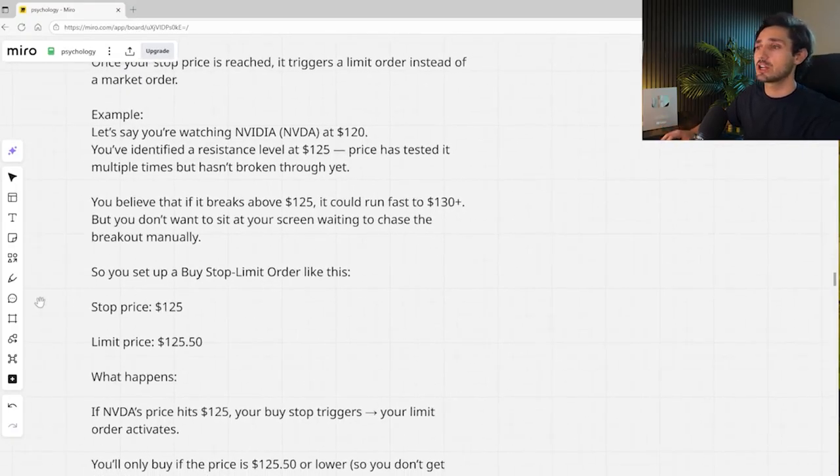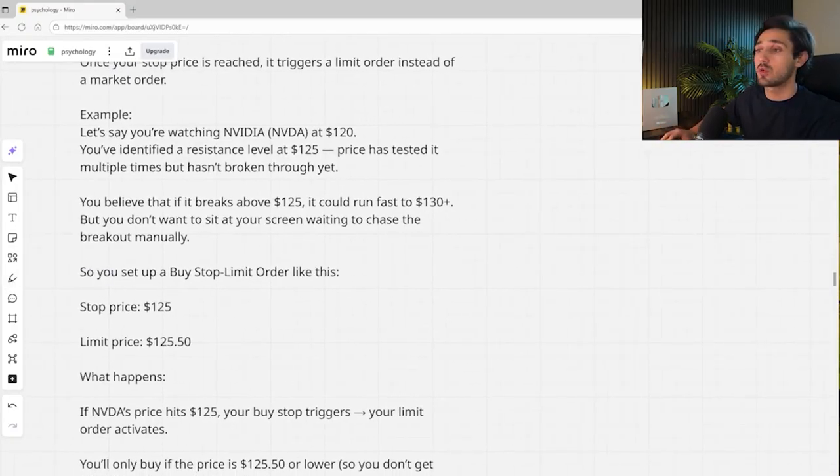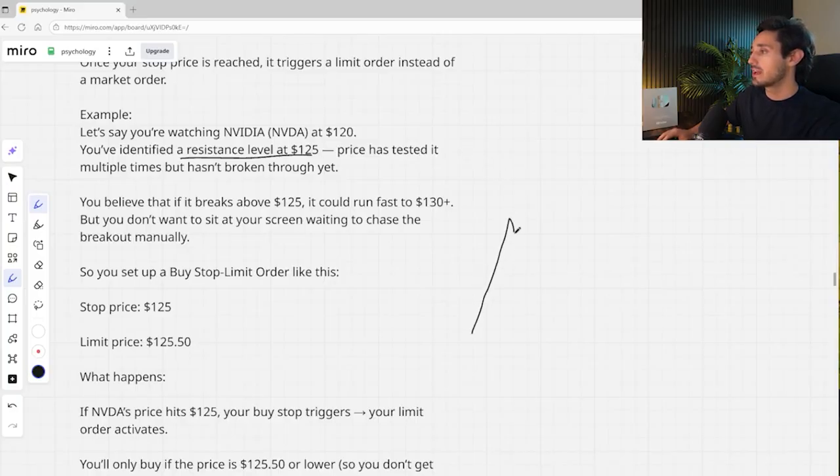So let's say you're watching NVIDIA at $120. You've identified a resistance level at 125. Price has tested it multiple times, but it hasn't broken through yet, okay? So let's say you're looking at NVIDIA, you see a consolidation, and the current price is $120. And this key resistance level is right here at, let's say, 125.